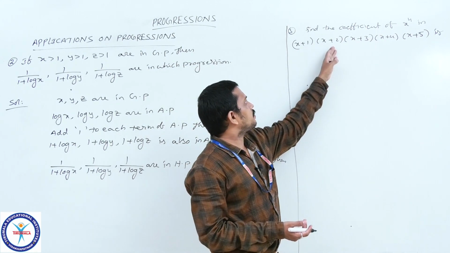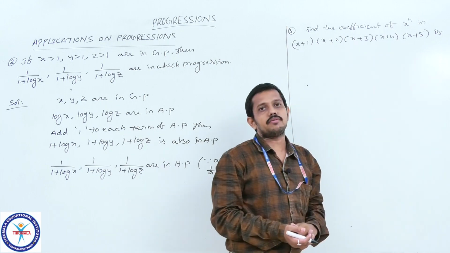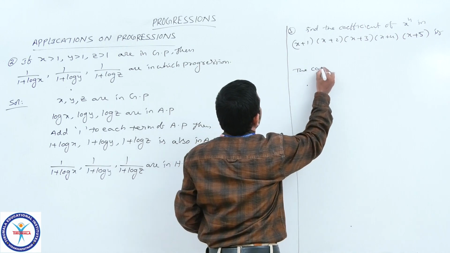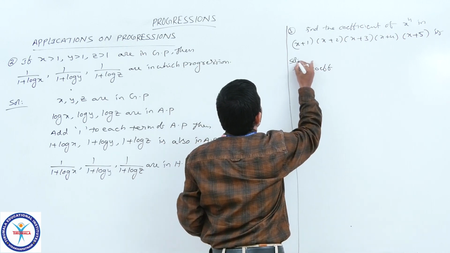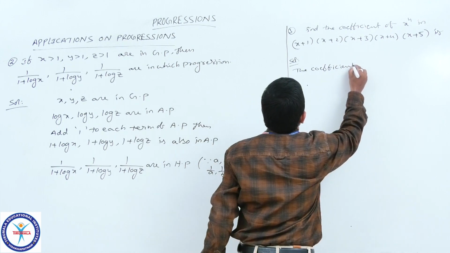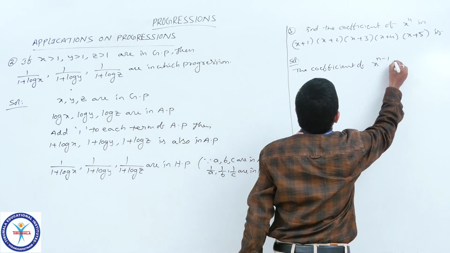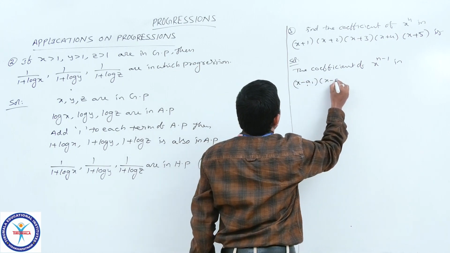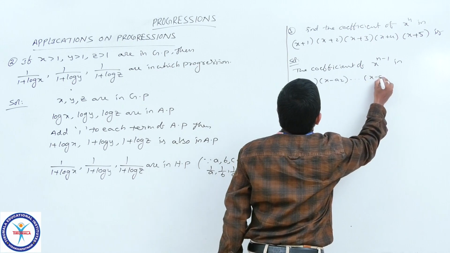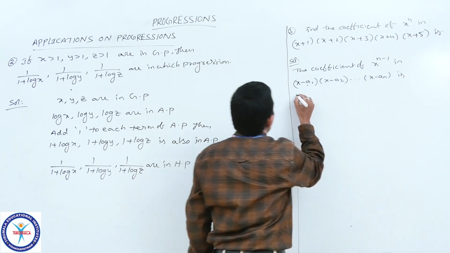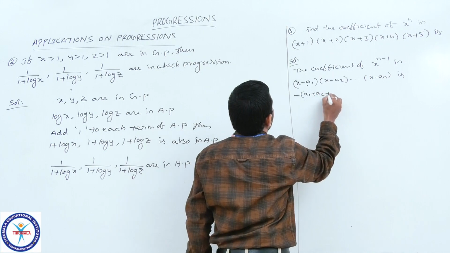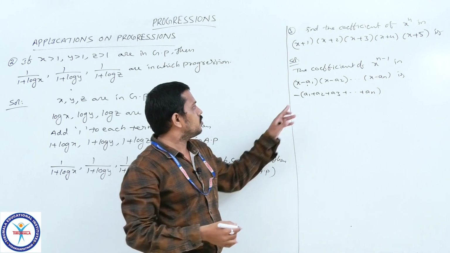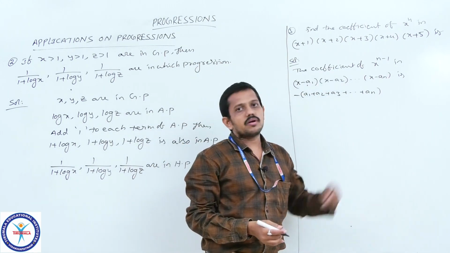Now next question, find the coefficient of x power 4 in (x plus 1)(x plus 2)(x plus 3)(x plus 4)(x plus 5). We have one property: the coefficient of x power n minus 1 in (x minus a1)(x minus a2) and so on (x minus an) is minus of (a1 plus a2 plus a3 plus and so on plus an), which means it is equal to minus of the sum of all constants.